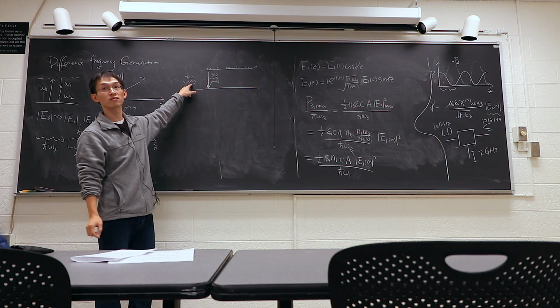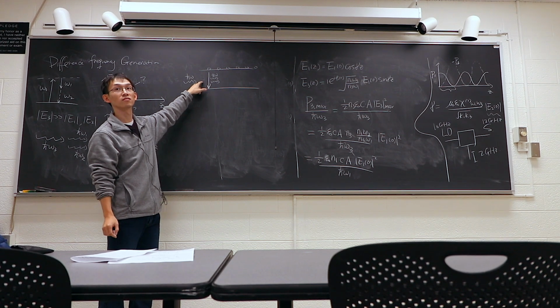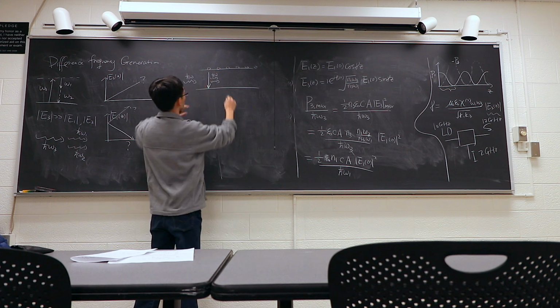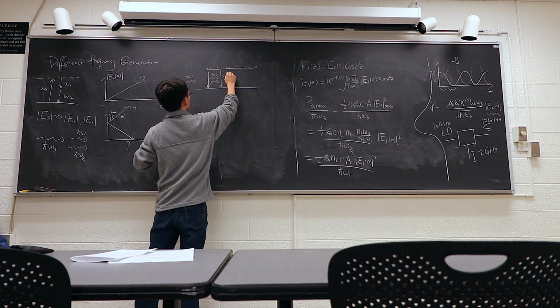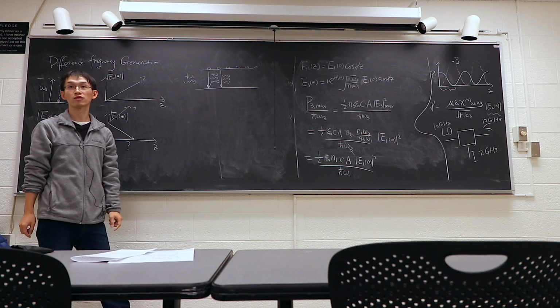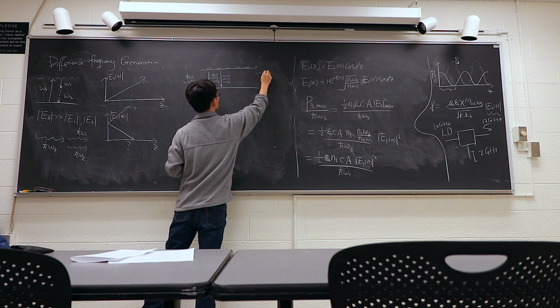This photon does not disappear. It simply triggers this because of stimulated emission. And then these 2 photons can trigger other electrons to go down. And then you get amplified. Okay.